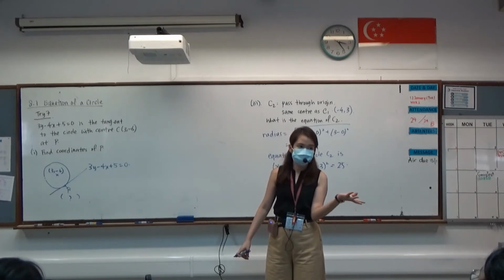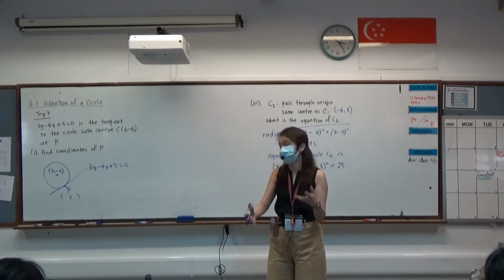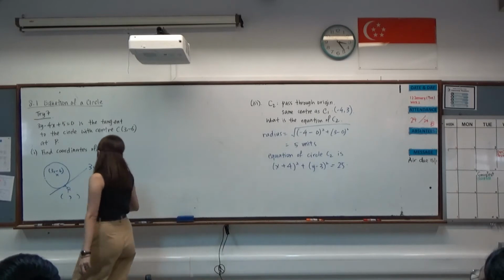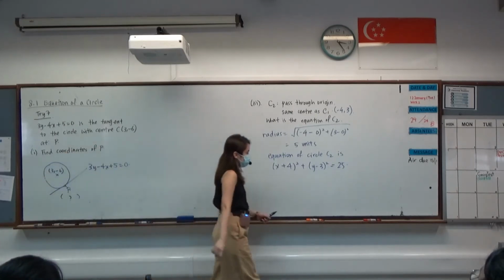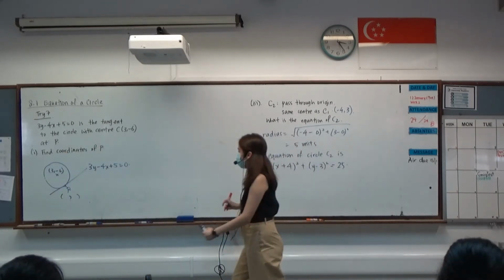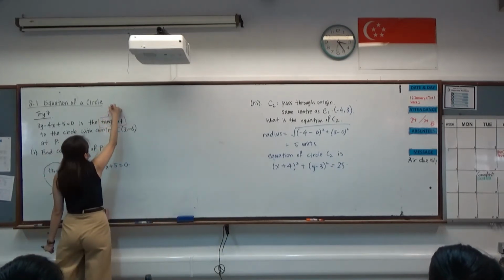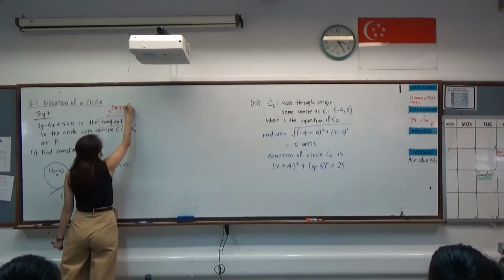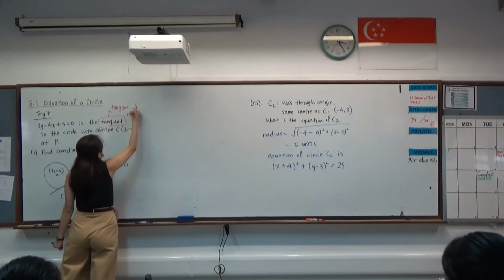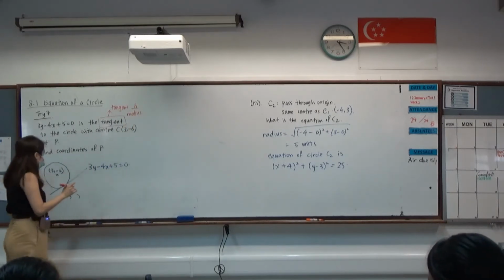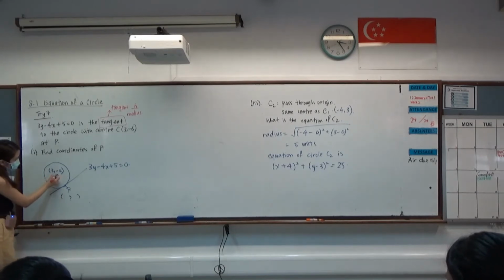Tangent, perpendicular to radius. So that's a very important one which will help us in this question. So whenever we have tangent, we think about tangent perpendicular to radius. So with this idea, we draw in the radius.